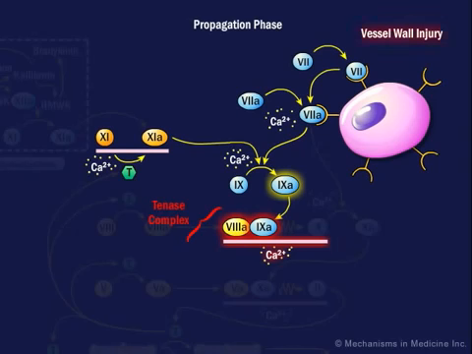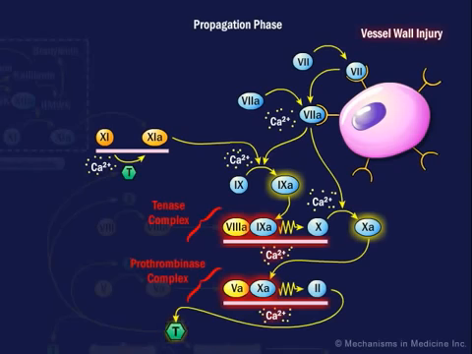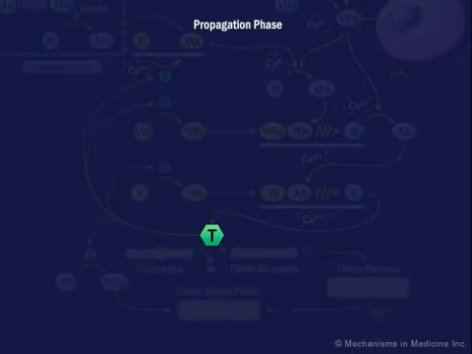The tenase complex, as its name suggests, converts factor 10 to factor 10A. Factor 10A associates with factor 5A and calcium in the prothrombinase complex, resulting in a burst of thrombin generation. The thrombin formed during the propagation phase of coagulation is of sufficient concentration to promote fibrin clot formation.